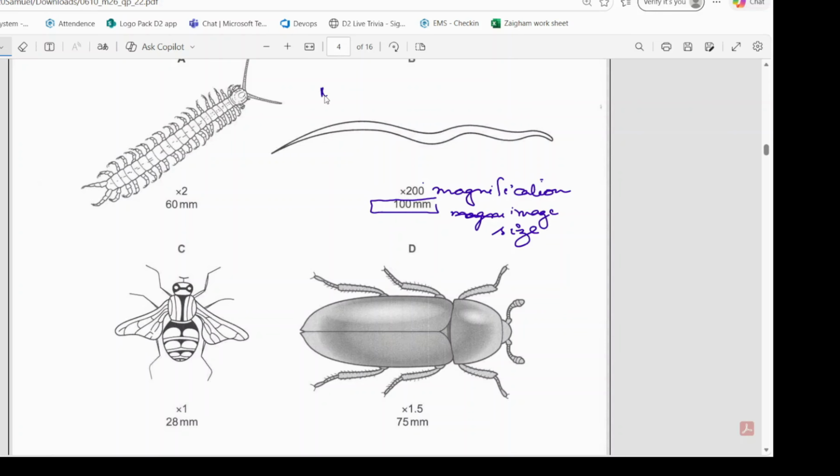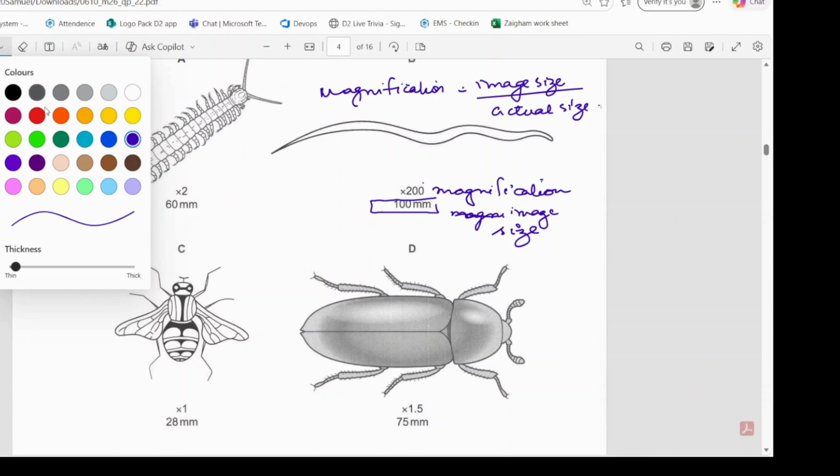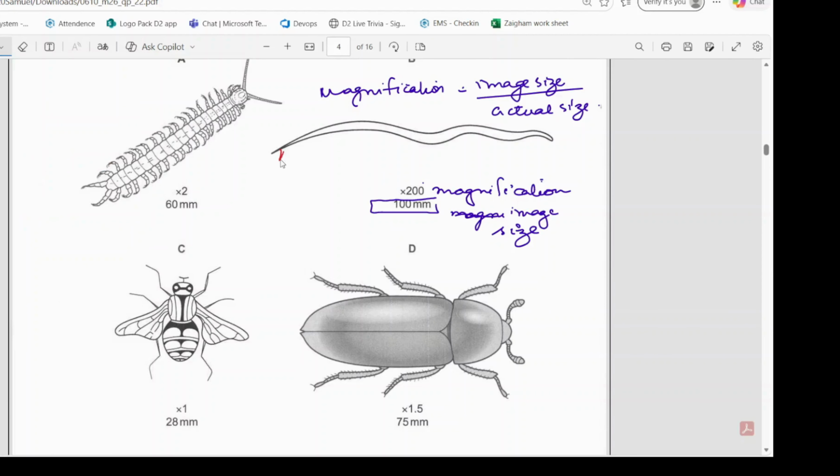Let me write the formula for you. Magnification is equal to image size over actual size. So actual size is equal to image size over magnification.